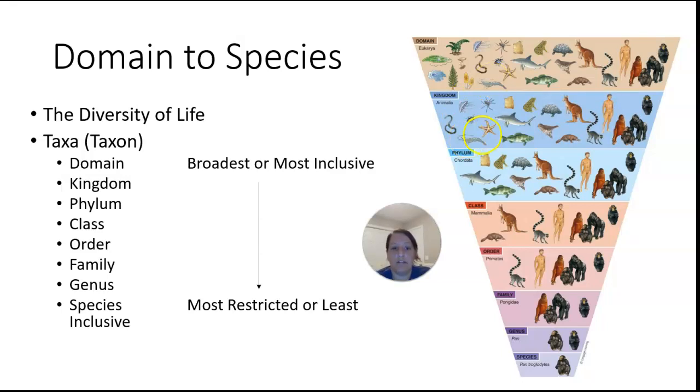If we go one level down to phylum, so the phylum here is Chordata. These are going to include only animals that are chordates, right? That have either a notochord or a vertebral cord. Okay, only the chordates. And so what's left out of here?